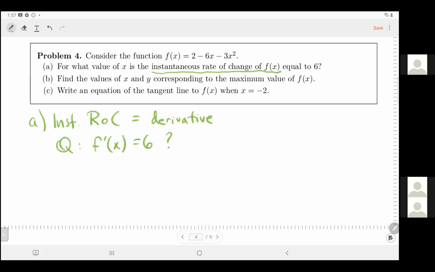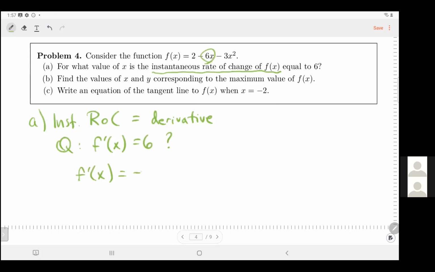Okay, so let's go ahead and take the derivative. So f prime is going to be, I'm sure you guys know this, so I won't ask you. The derivative of 2 is 0. The derivative of negative 6x is negative 6. The derivative of the last term will be negative 6x. Okay, and I'm asking when that's equal to positive 6.